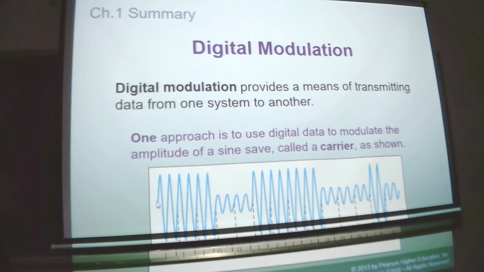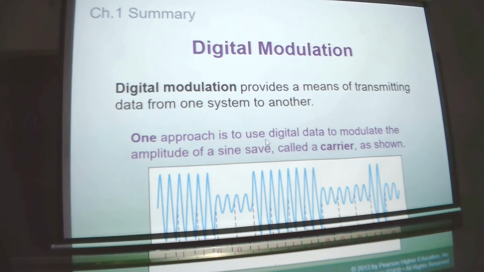This is a sine wave, but only one circle represents one value. From this point to this point, 1. Two circles represent one value.